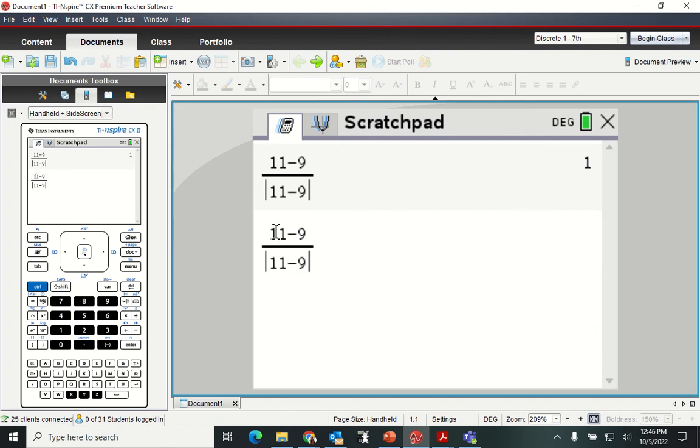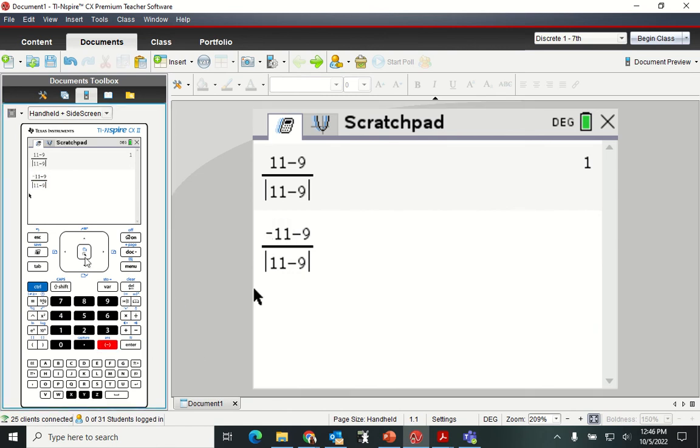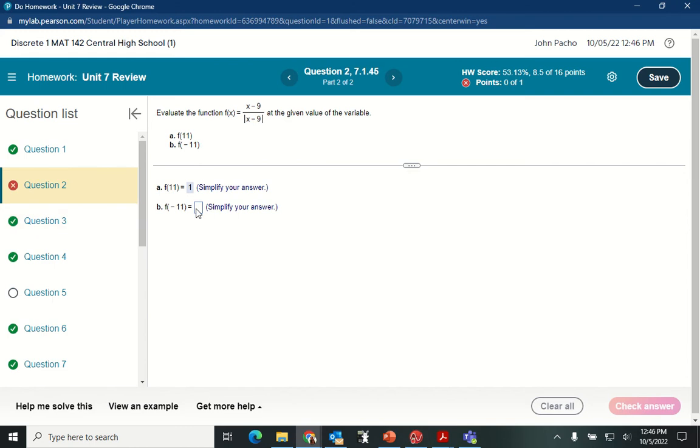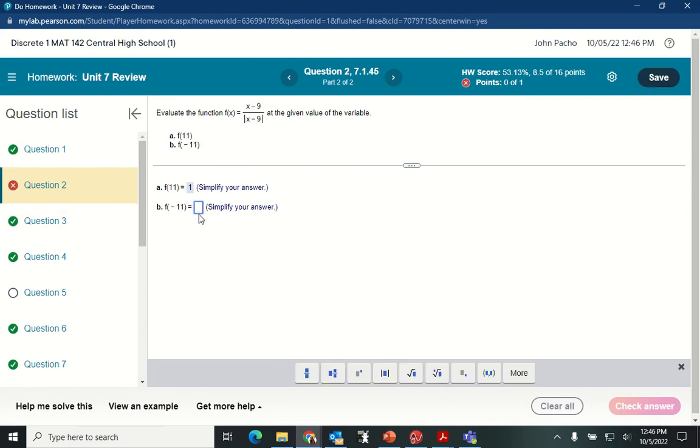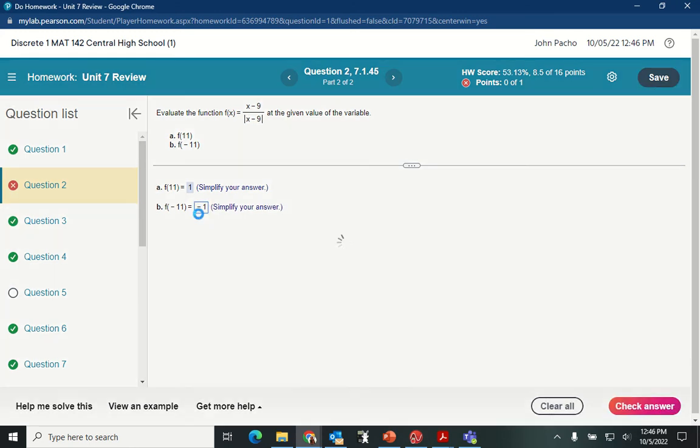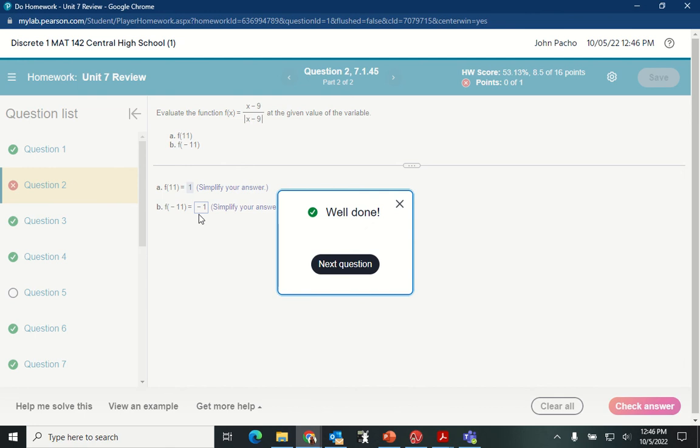It will copy it, and then I can just change this to say negative 11, and this one over here to be negative 11 also. So my answer here now is negative 1. Well done.